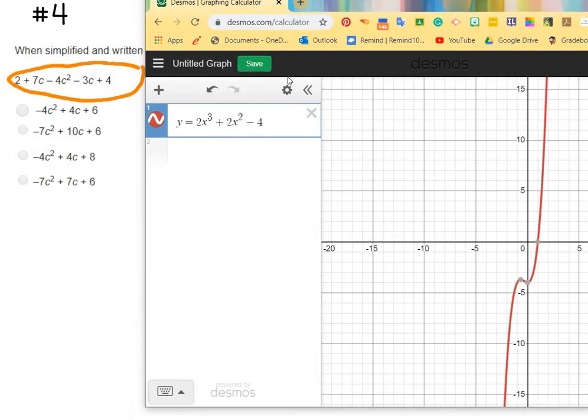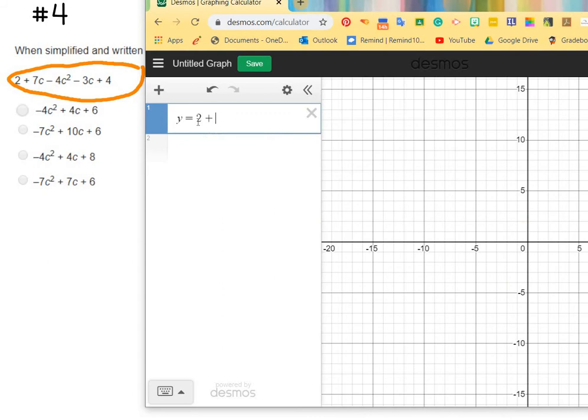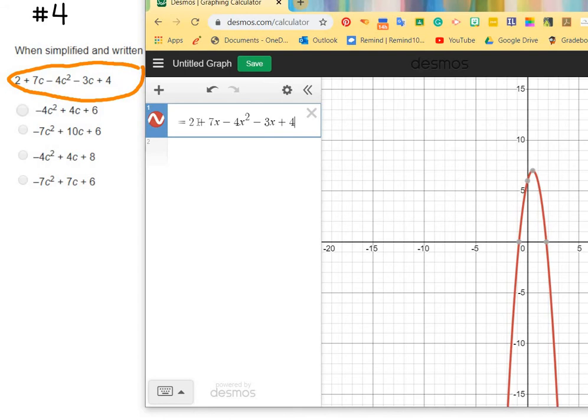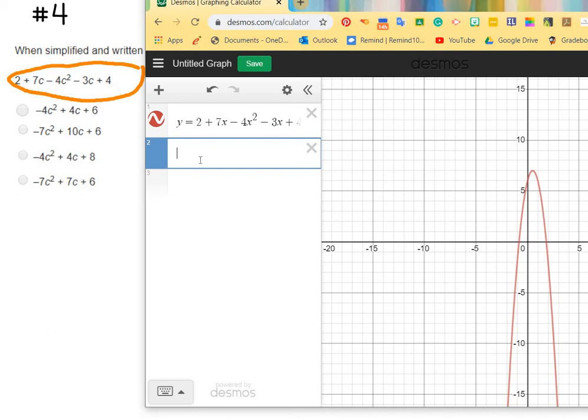So I'm going to graph y equals 2 plus 7x, and again, I'm just going to replace that c with the x, minus 4x squared minus 3x plus 4, right? So that's going to be our original. And then I can graph the answer choices to see which one will overlap.